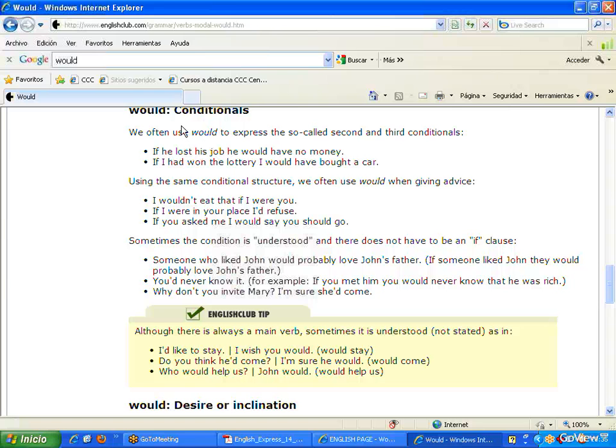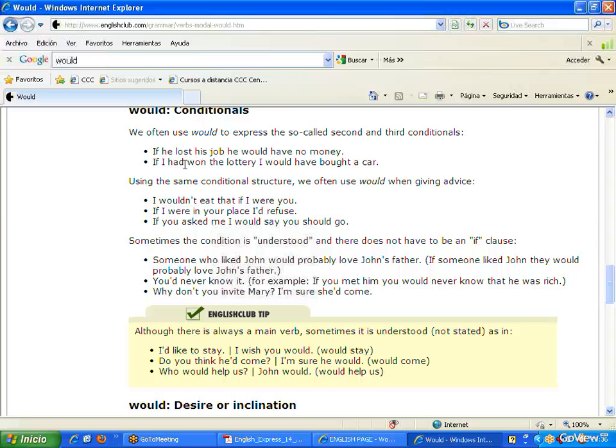So here, if he lost his job, he would have no money. Hmm? So look, we've used the past tense here in the first part. If he lost his job, he would have no money. Okay?